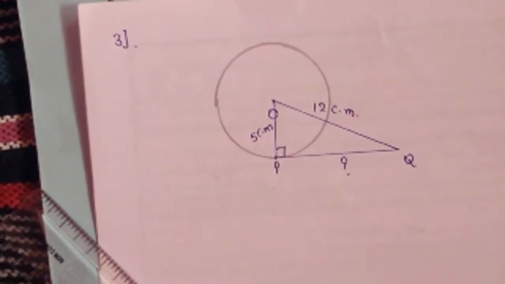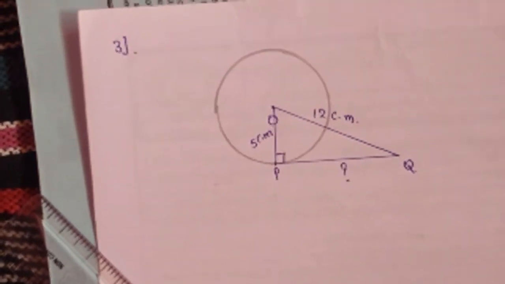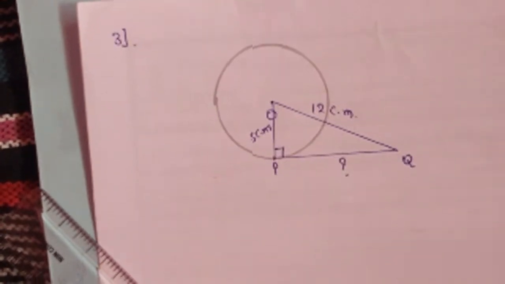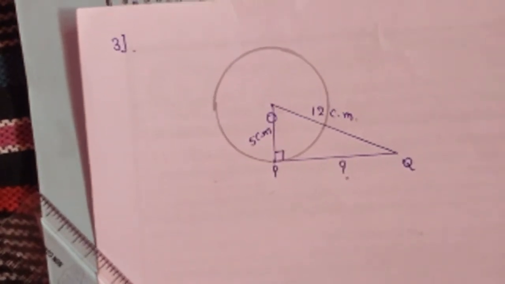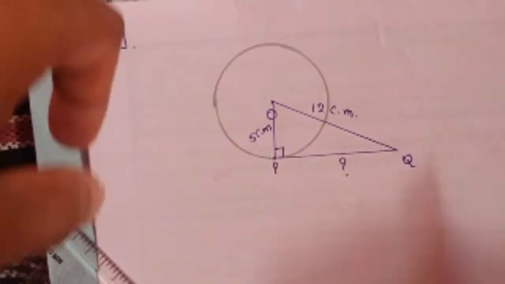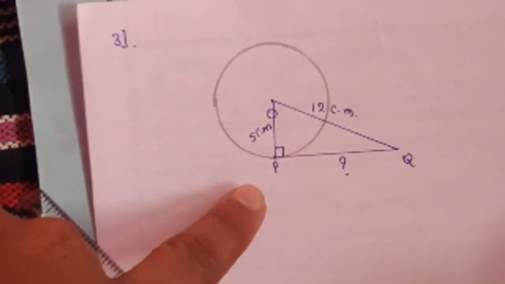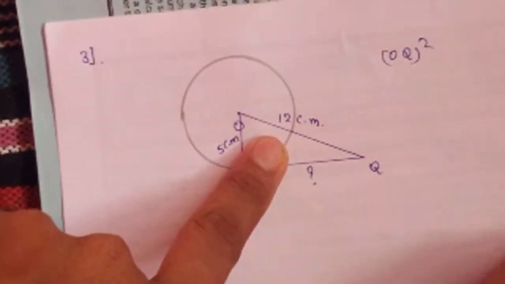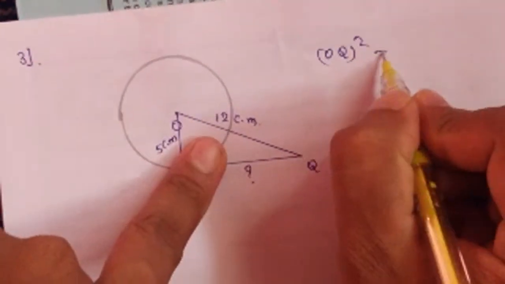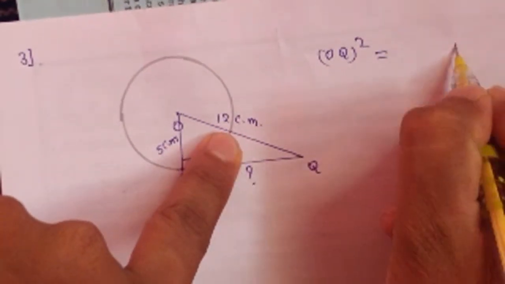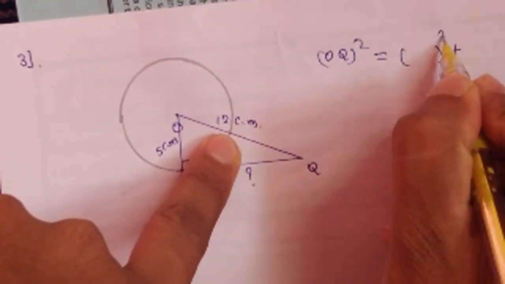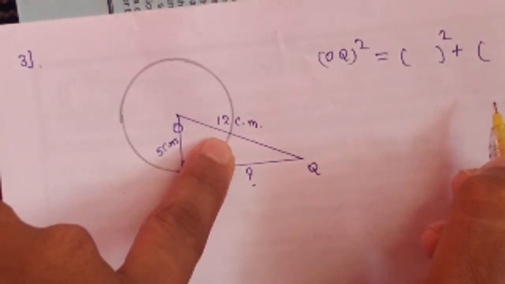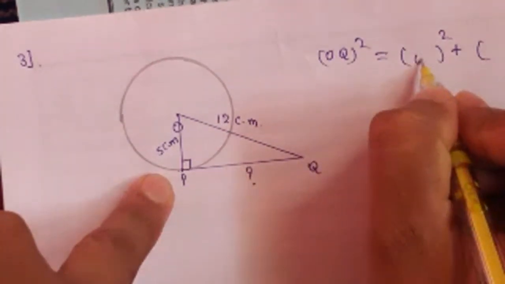The hypotenuse means the side which is opposite to 90 degrees. The side opposite to 90 degrees is OQ. So OQ square is equal to the sum of the squares of the remaining 2 sides, OP and PQ.